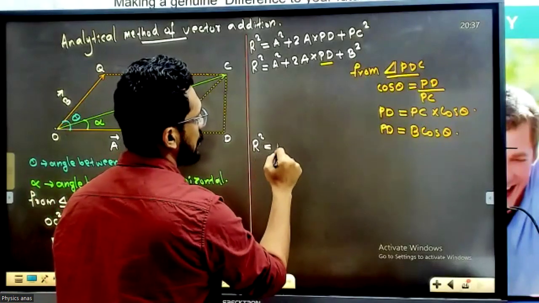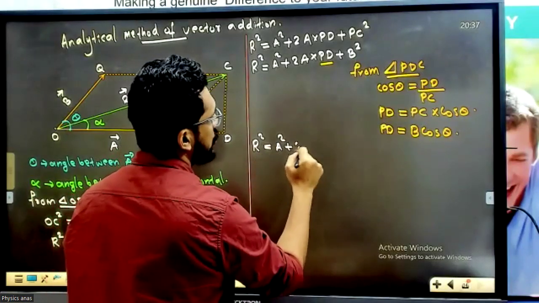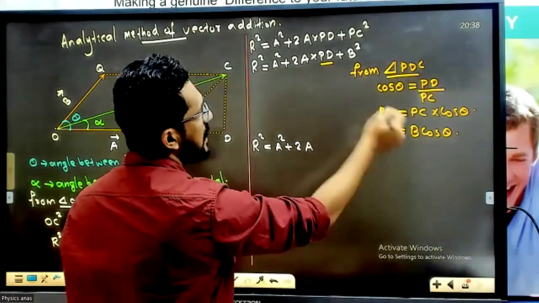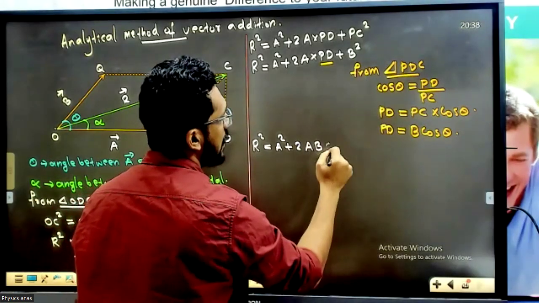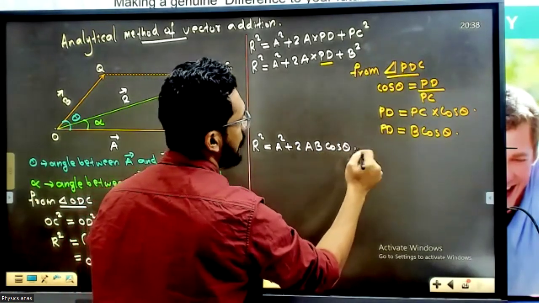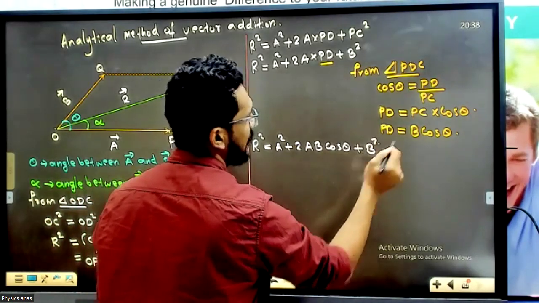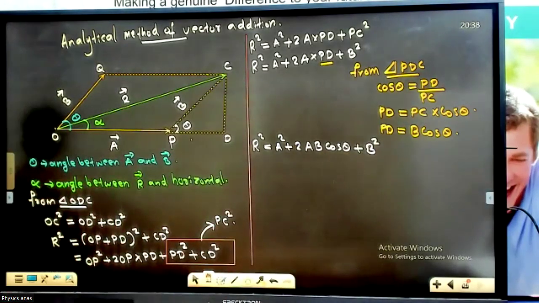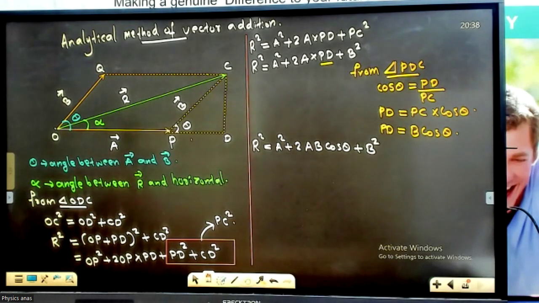R square is equal to A square plus 2A into PD. What is PD? B cos theta plus B square. Read it. R square is equal to A square plus 2AB cos theta plus B square. This is R square.